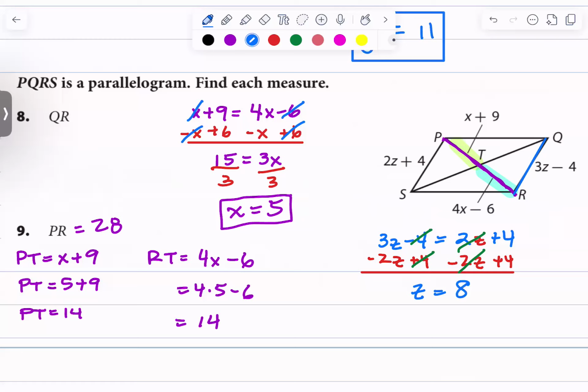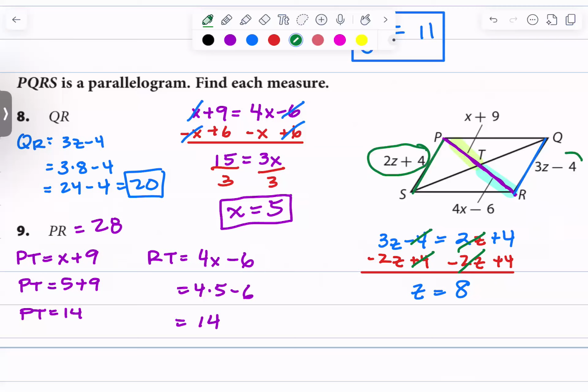So if Z is 8, then QR, which is 3Z minus 4, would be 3 times 8 minus 4, 24 minus 4, which is 20. Because that's the size of PS. Yeah. So opposite sides are congruent. So I made those two guys congruent to each other.